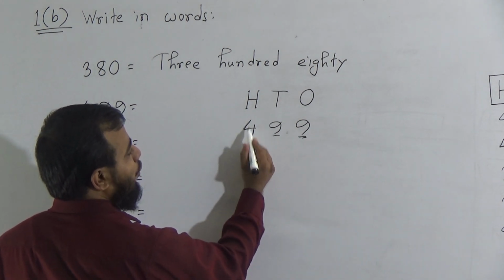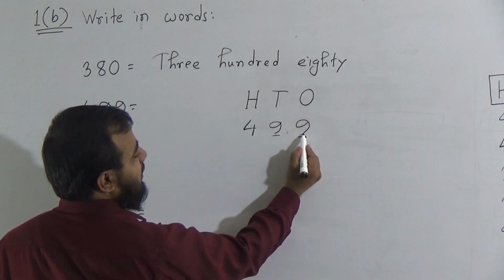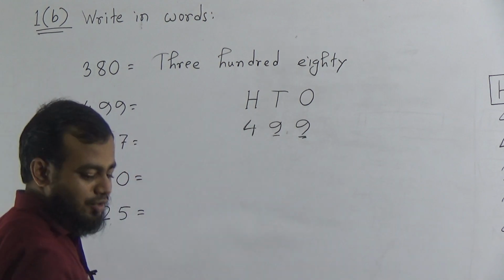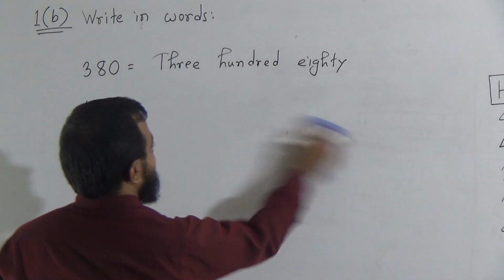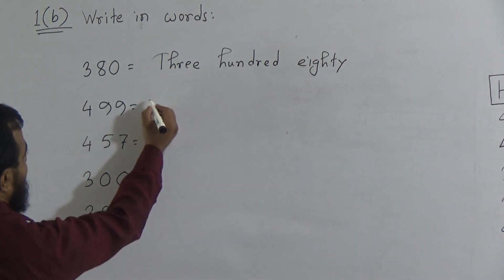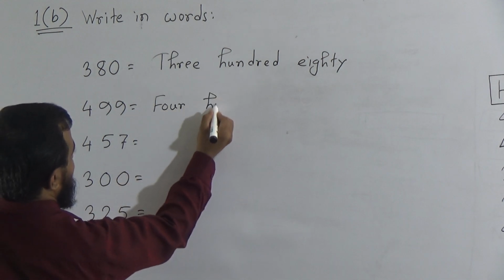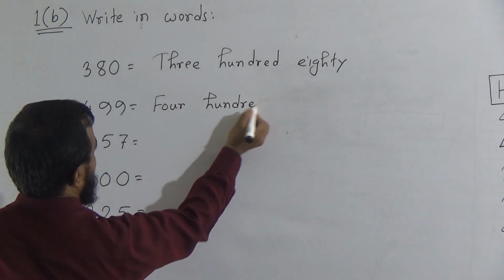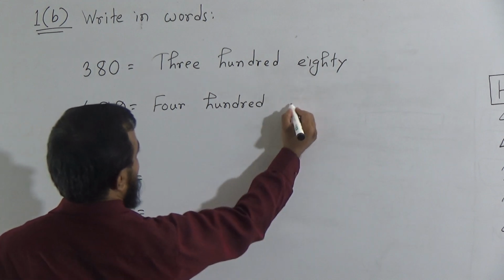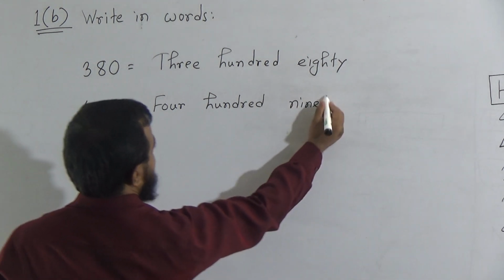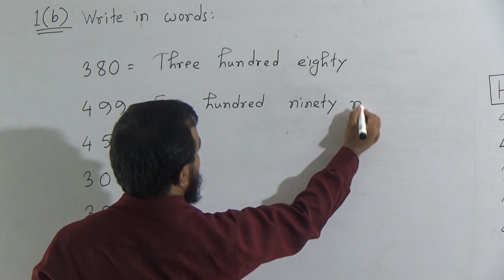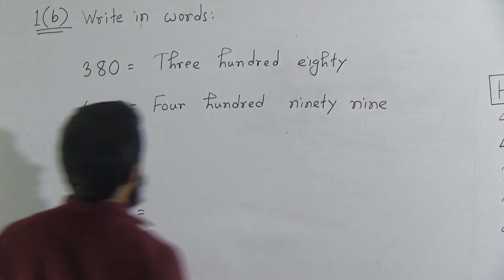So it should be 499. Write down: four hundred ninety-nine.